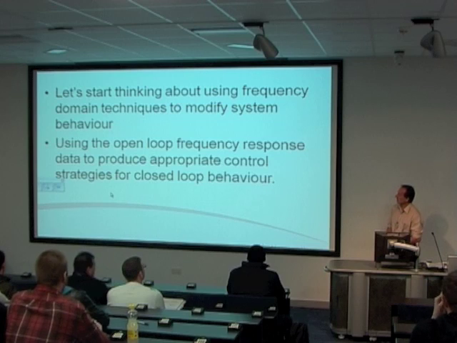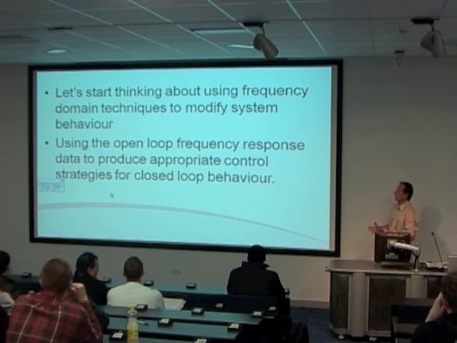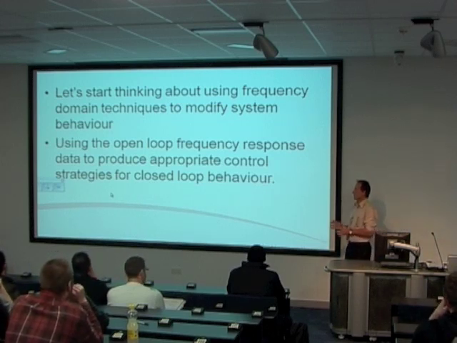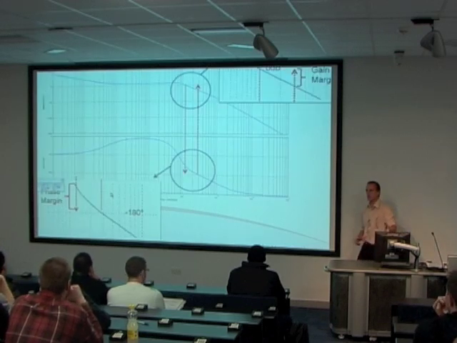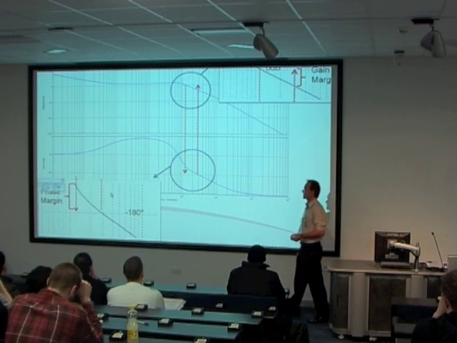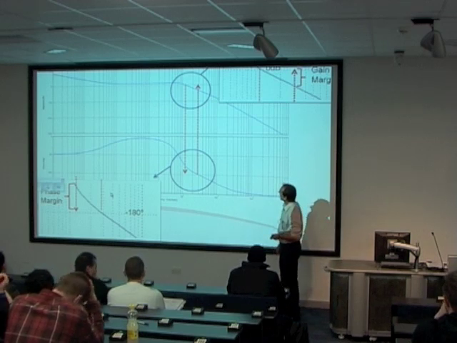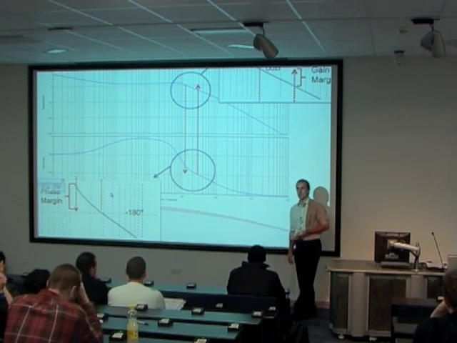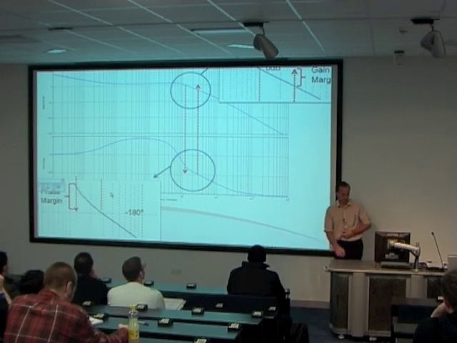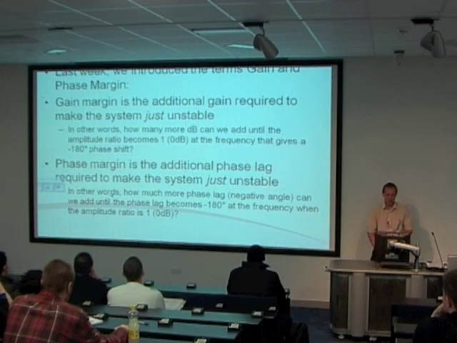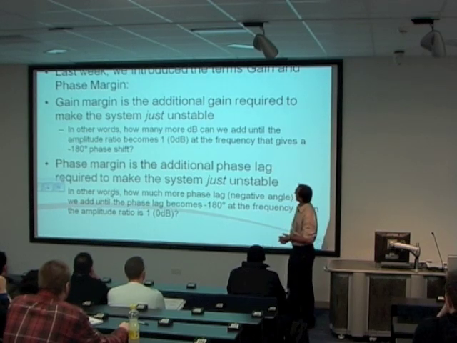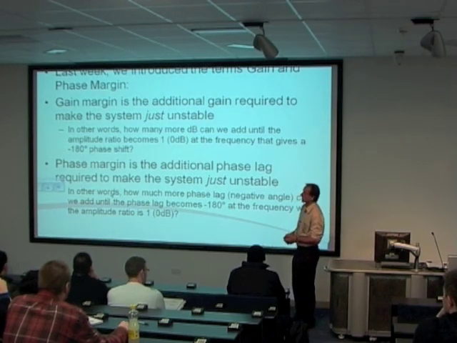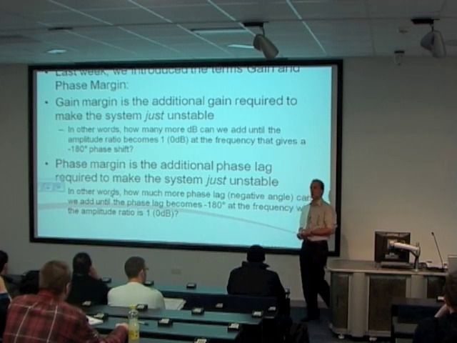So we're going to use frequency response from open loop data to produce appropriate control strategies in the closed loop. This is the slide you saw last week, just to refresh your memories about what the gain and the phase margins look like. Gain margin is that little bit of additional gain that's required to make the system just unstable.